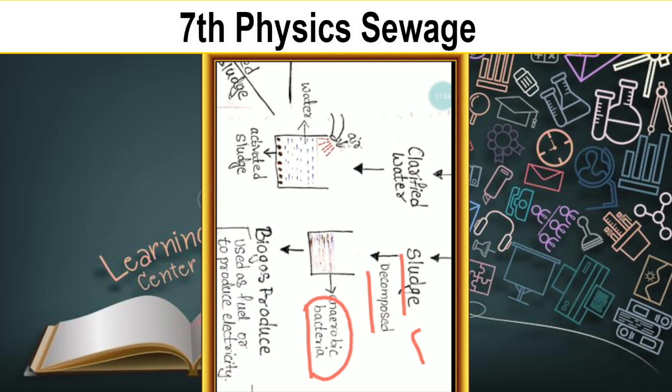Due to this decomposition by the anaerobic bacteria, biogas is produced. This biogas can further be used as a fuel or to produce electricity.